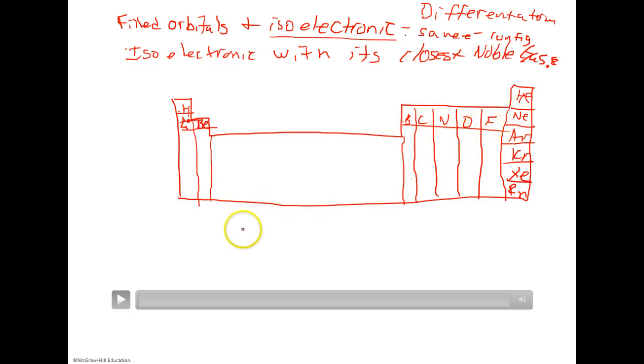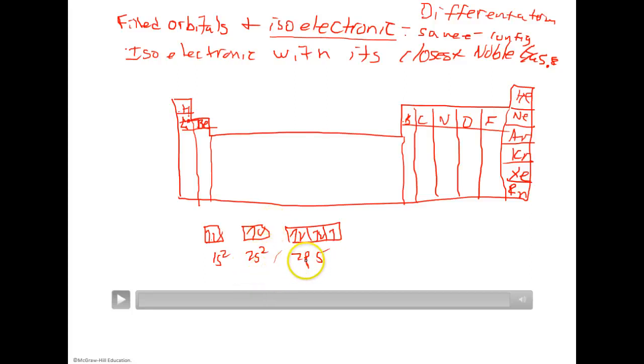Fluorine, electron configuration. I'm going to write out the orbital diagram. 1s2, 2s2, 2p5. Everything wants to be isoelectronic because it wants to have its outermost shell completely filled with electrons.